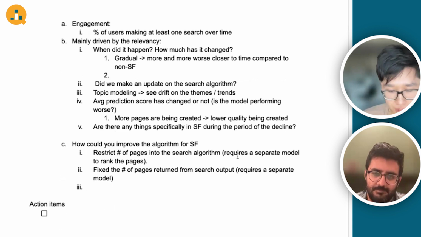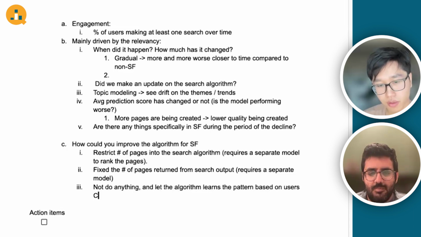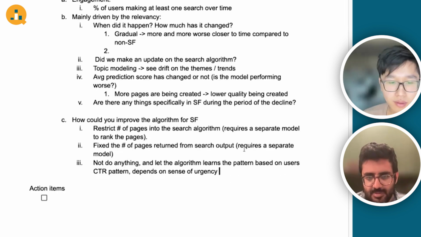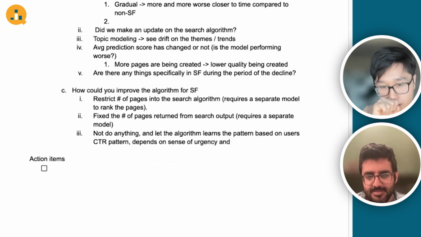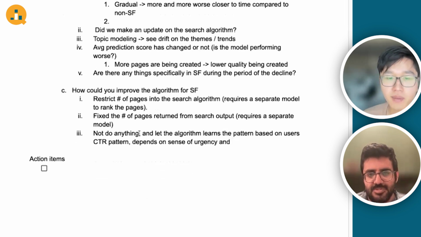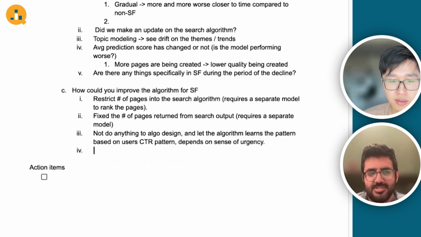And number three would be to not do anything and let the algorithm learn the pattern based on users' click-through rates. But the third thing is not necessarily not doing anything. It's basically you're just saying let the model retrain based on new data, I guess. Yeah. So it's still basically not doing anything to the algorithm structure.